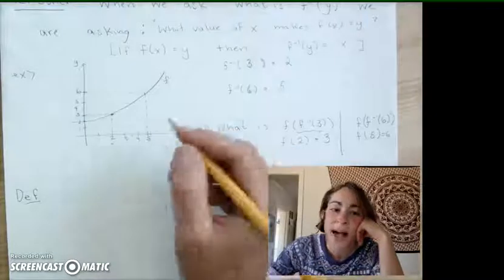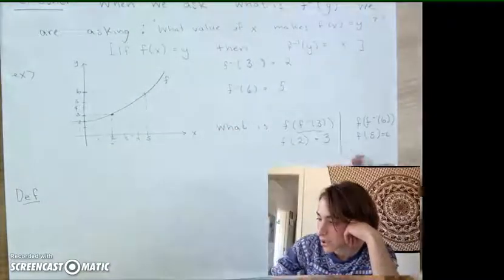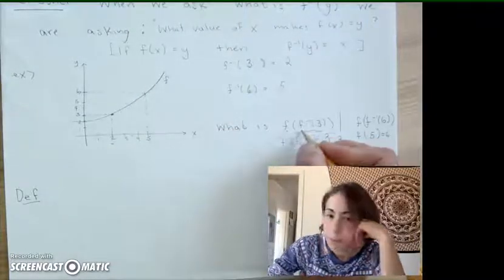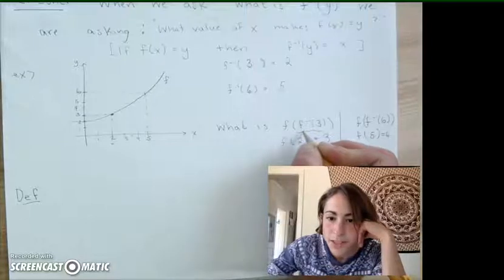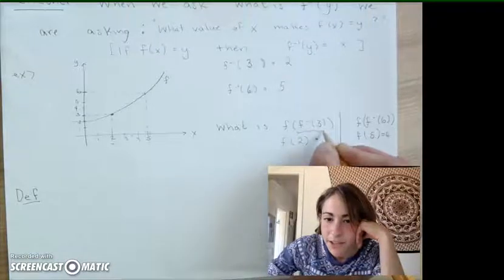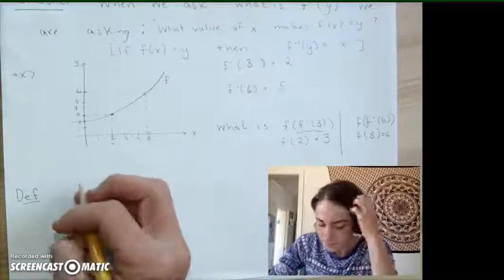So when you actually have an inverse, it's always true that when you compose the two functions together and evaluate, you get the thing you plugged in. Let's write that down.